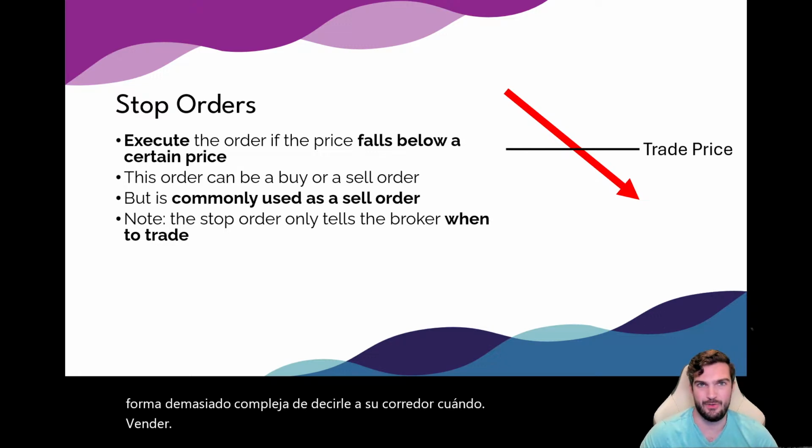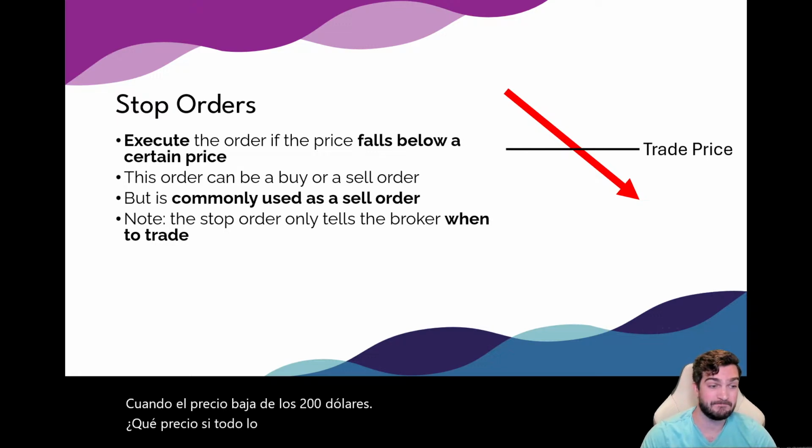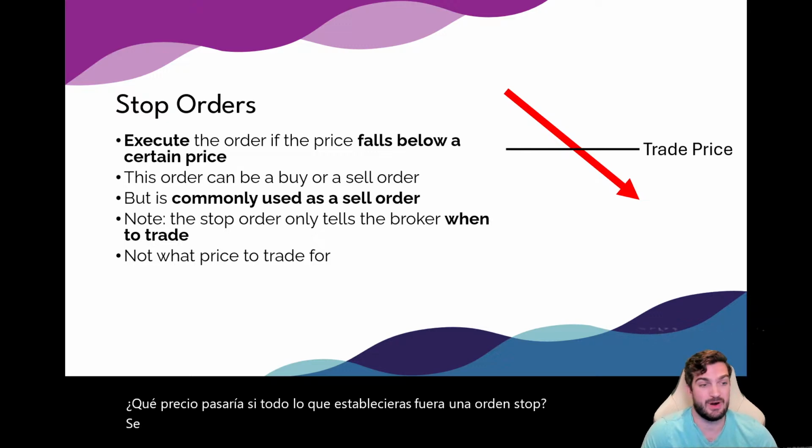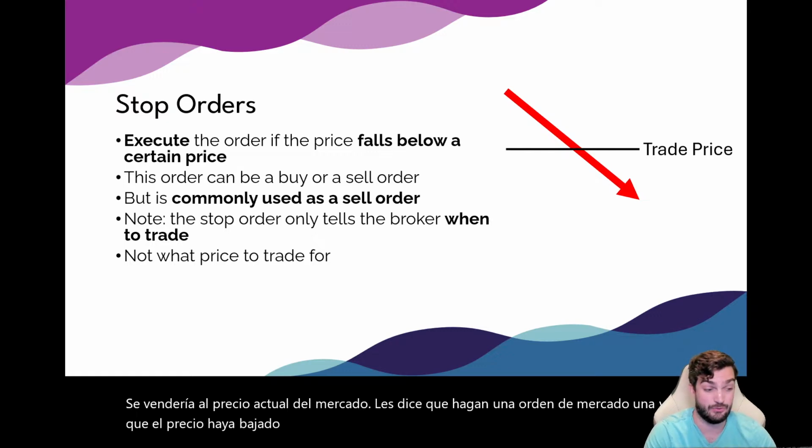When the price goes below $200, sell. What price? Well, if all you set was a stop order, it would sell at whatever the current market price is. It is telling them do a market order once the price has gone below $200, is really what it comes down to.